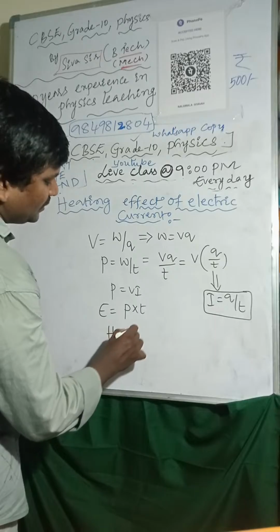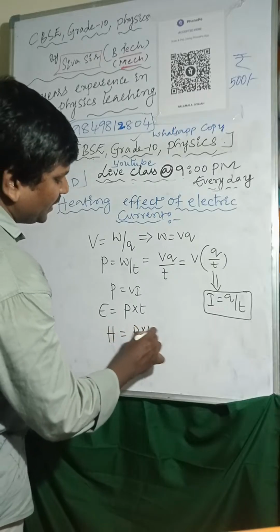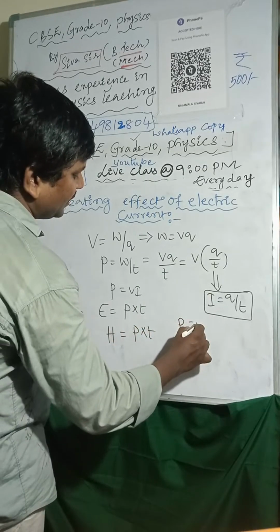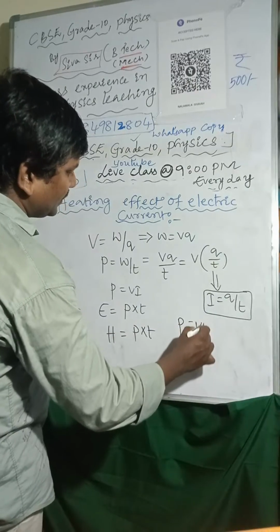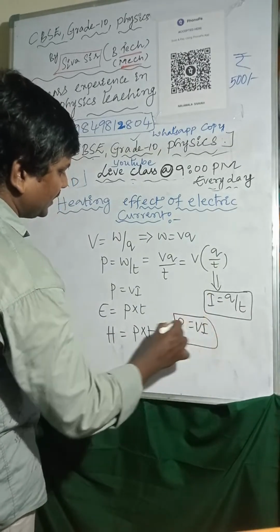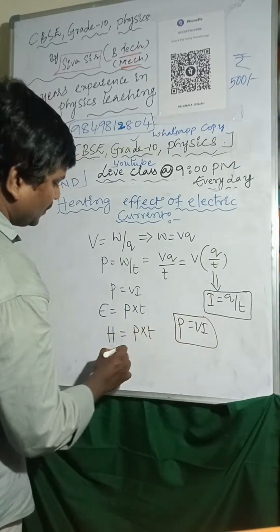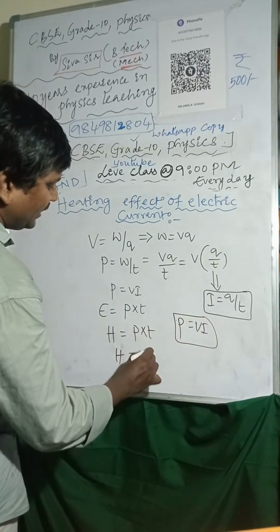So heat equals P into T, and P equals VI. So H equals VI into T.